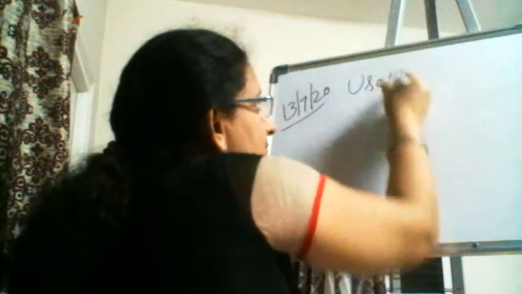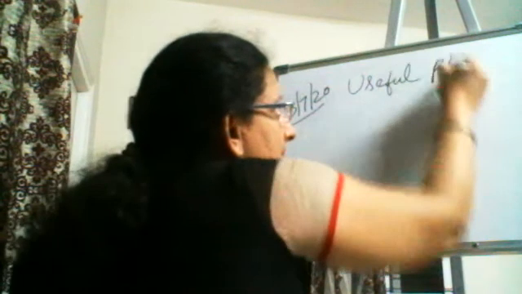Okay. Now, let's begin to read useful plants. What is the name of the lesson? And today's date is 13th July. And the lesson name is Useful Plants.